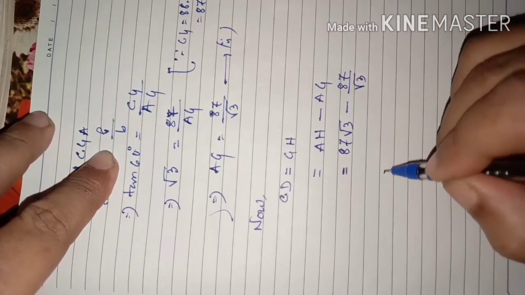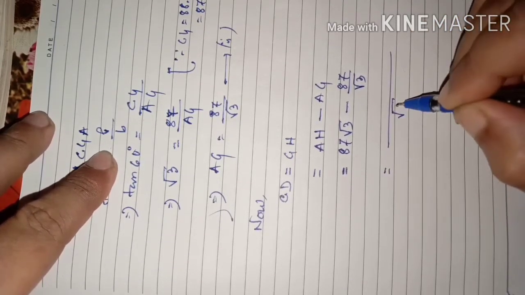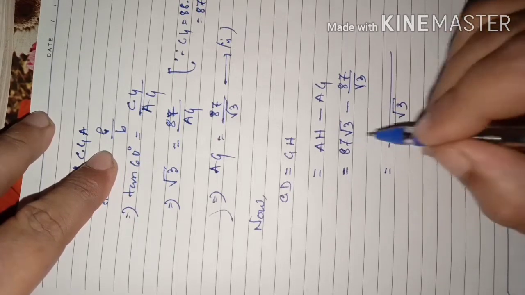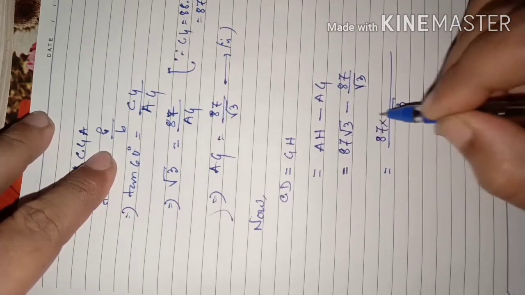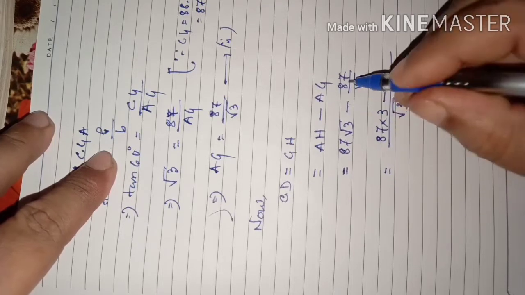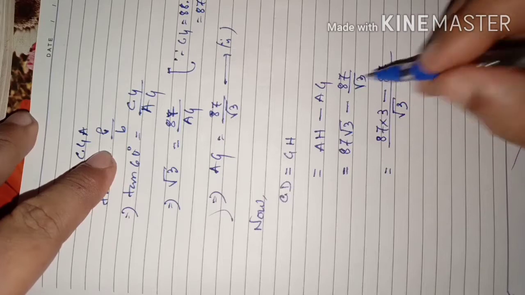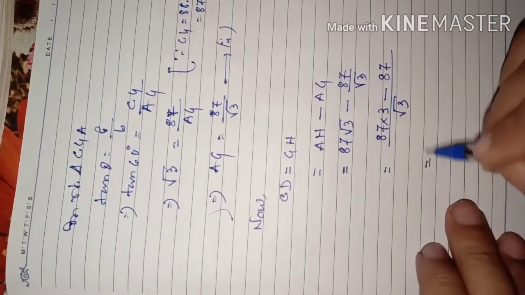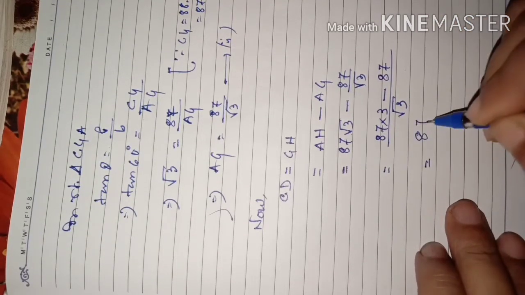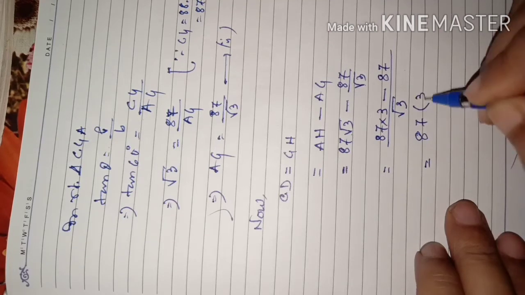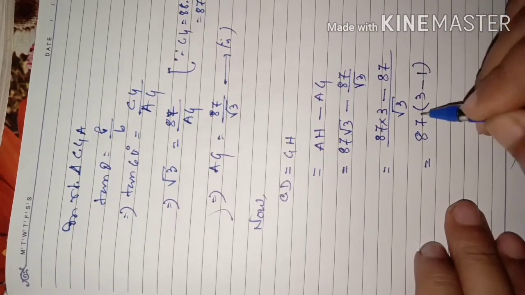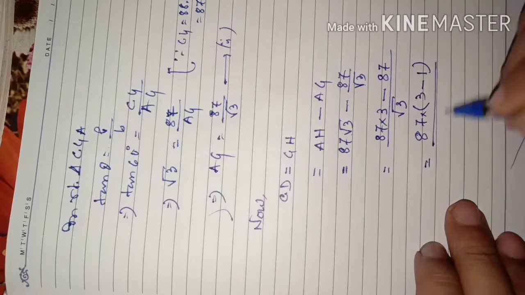If we take LCM here, root 3 will be the LCM. Root 3 into root 3 is 3, so it will be 87 into 3 minus 87, because root 3 divides root 3 one time, 1 into 87 is 87. From here, if we take 87 as common, then there will be 3 minus 1 inside, divided by root 3.